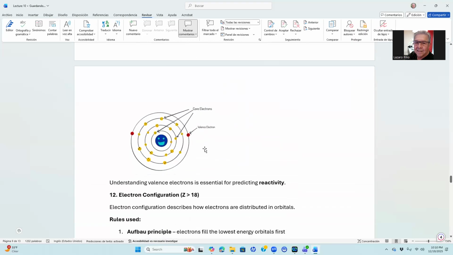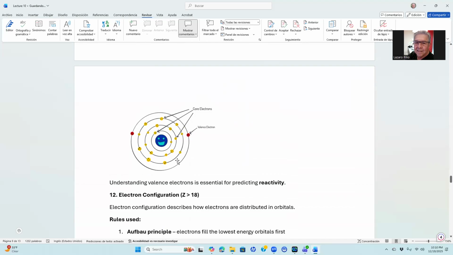Okay, let's see. Here in this picture, you can see this represents the nucleus, and here you have electrons in, well, suppose they are in orbits. You know that this is not exactly that way. But in order that you understand, the inner electrons are the ones that we call core electrons.